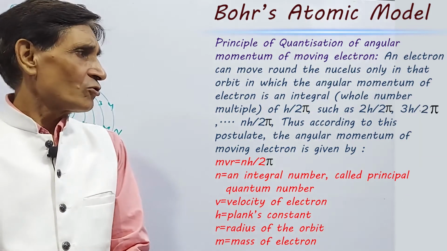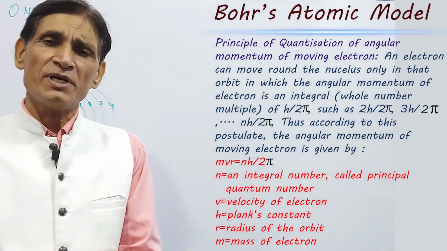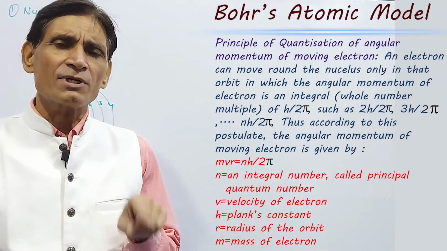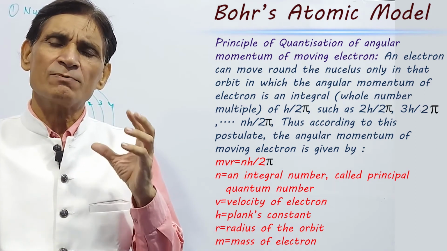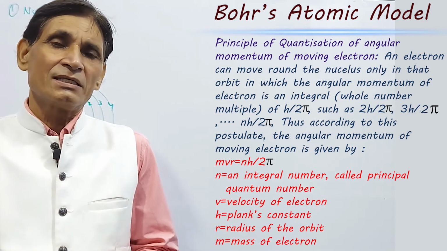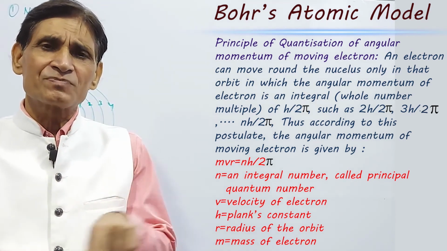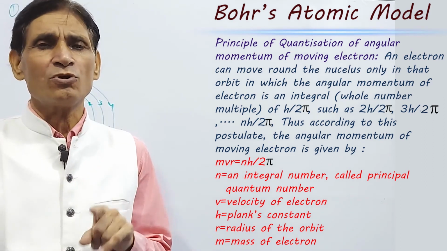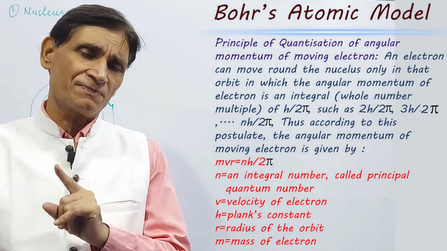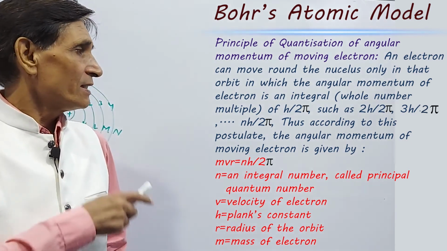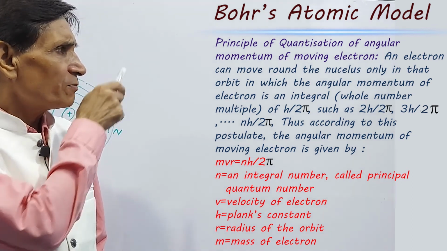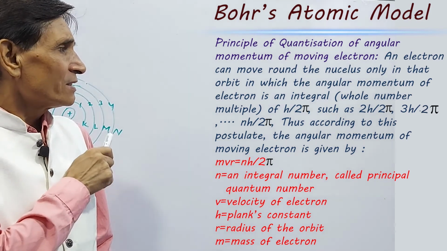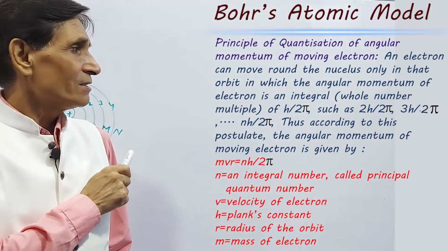Now next point, quantization of angular momentum of electron. Electron revolve around the nucleus in a definite circular path, but an electron cannot revolve in all the possible circular paths. It revolves only in that circular path in which its angular momentum is integral multiple of h by 2 pi. The value of angular momentum can never be fractional.